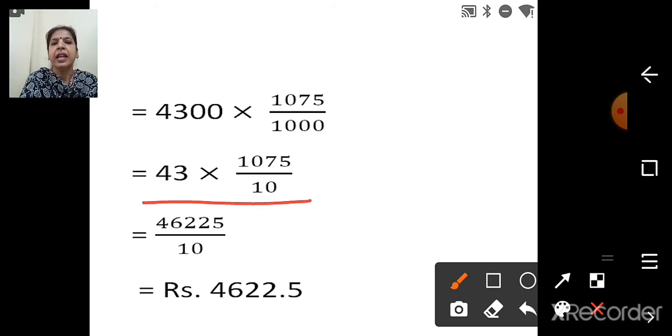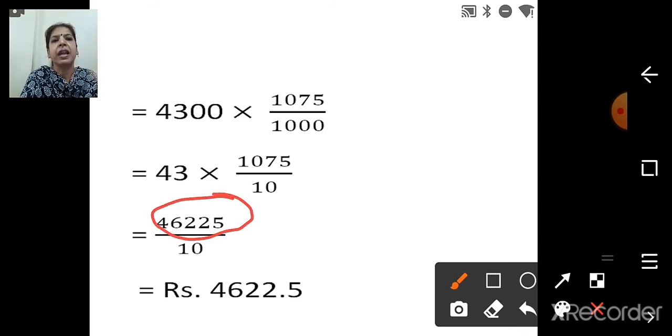Here you can also reduce by 5, but don't do it, children, because finally we have to divide, and dividing with multiples of 10 is easy. So you multiply 43 with 1075. Multiplication is easy, and the answer is 46225.